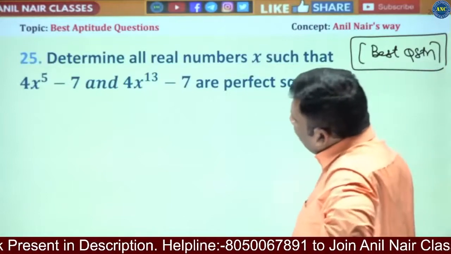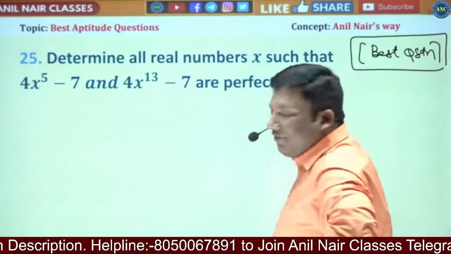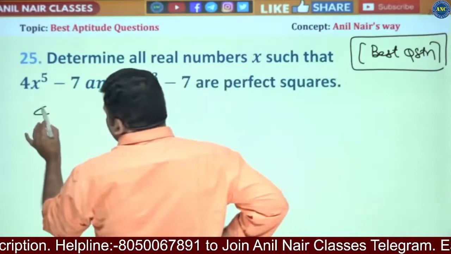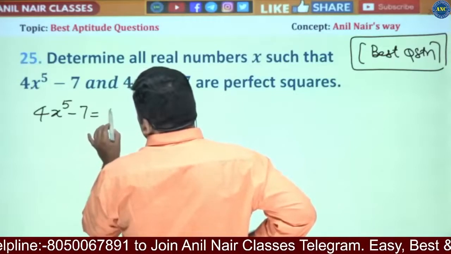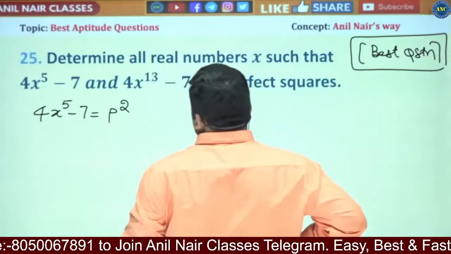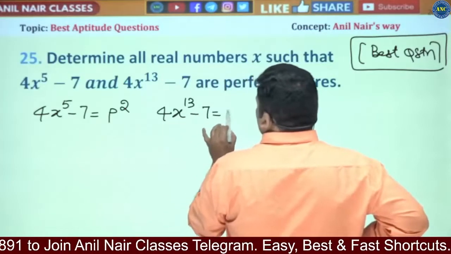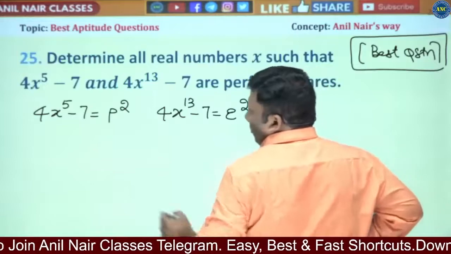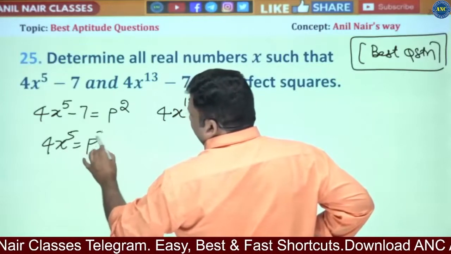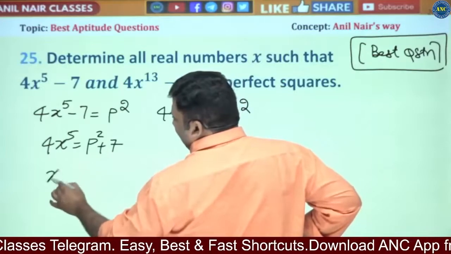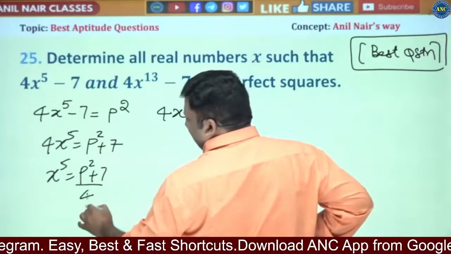4x^5 minus 7 and 4x^13 minus 7 are perfect squares. That means 4x^5 minus 7 is a perfect square, p squared, and 4x^13 minus 7 is a perfect square, q squared. So 4x^5 becomes p squared plus 7, so x^5 becomes (p squared plus 7) divided by 4.